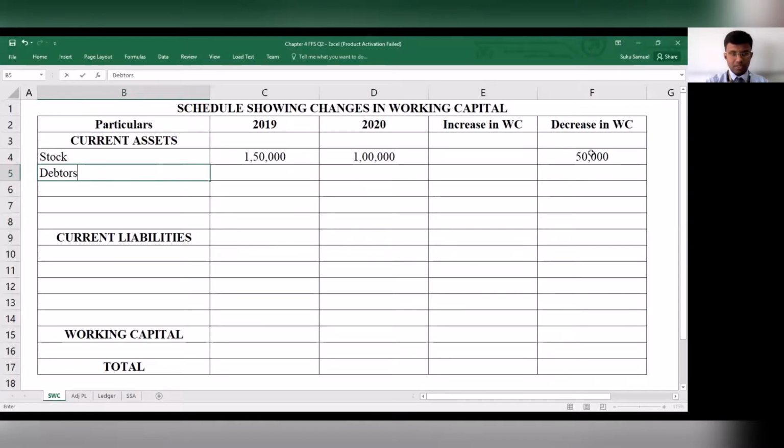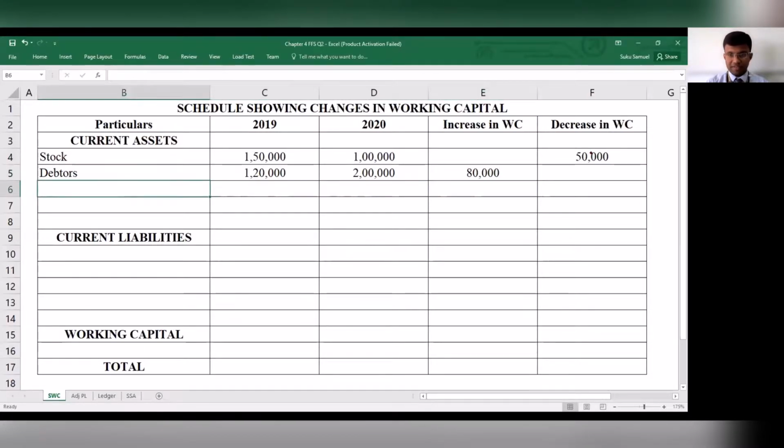Debtors is 1,20,000, and then here it is 2 lakh. So debtors has increased, and the impact is that working capital will increase by 80,000.